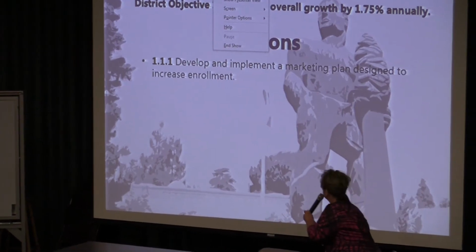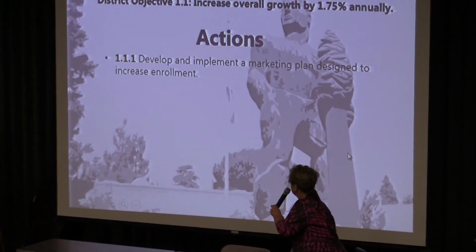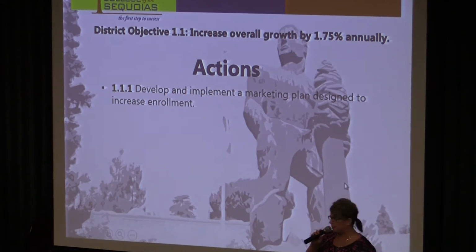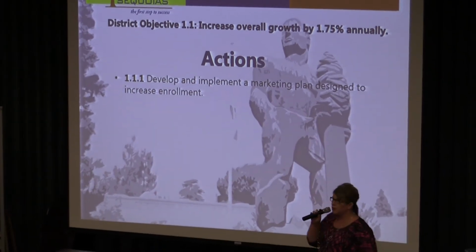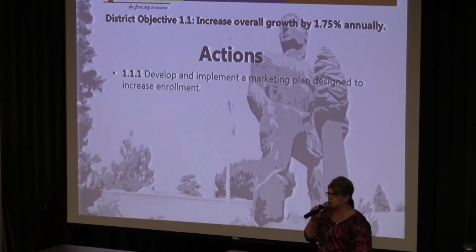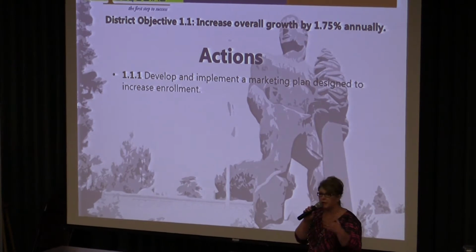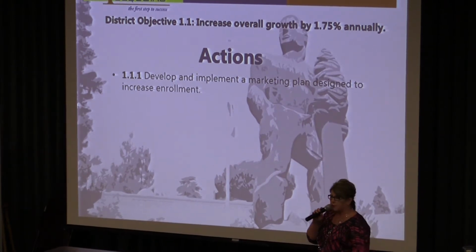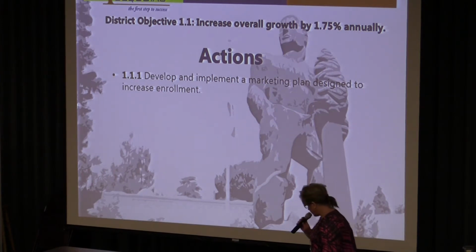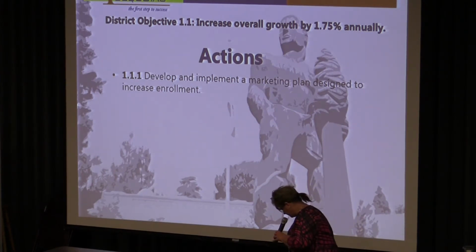We know in order to do this, we need to develop and implement a marketing plan, designed not only to increase enrollment district-wide, but also for the centers, to get the Hanford Center to 1,000 so that we can get the $1.1 million, and also for specific programs.